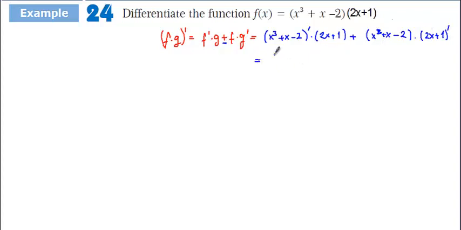The derivative of x cubed is 3x squared. The derivative of x is 1. The derivative of minus 2 is 0.